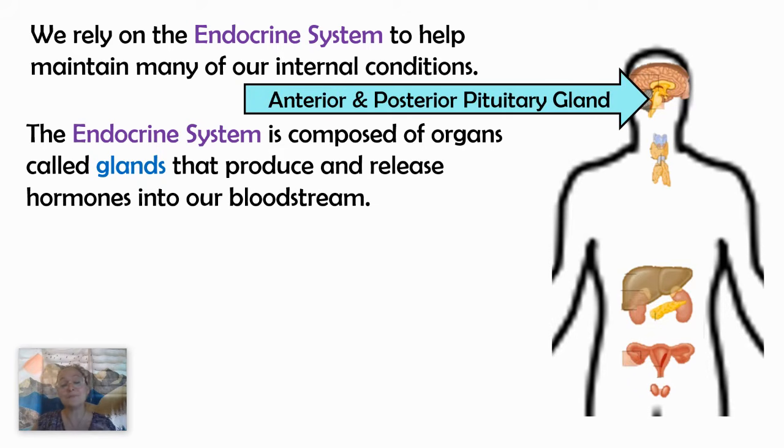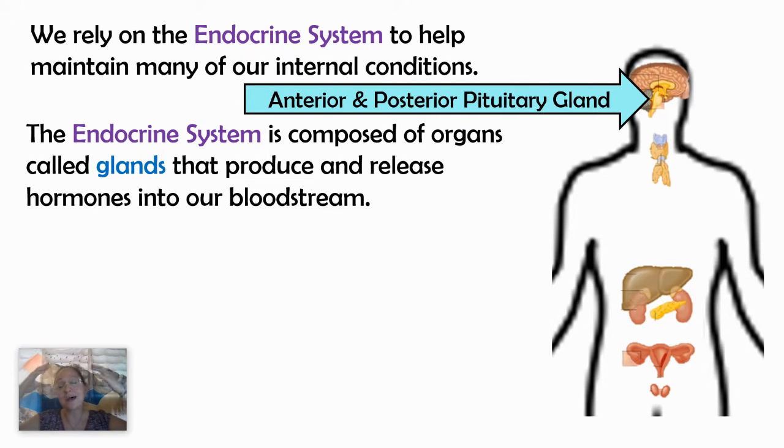Okay, so some major glands within our endocrine system are the anterior and posterior pituitary. Arguably, the anterior pituitary is one of the most important parts of the endocrine system because it connects the brain, the nervous system, with the endocrine system.